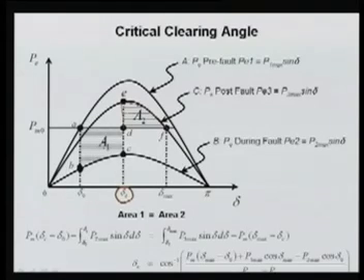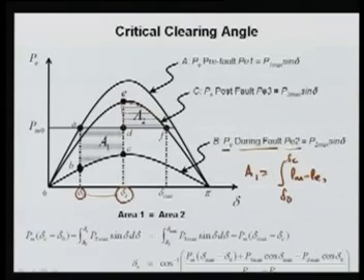So this area A1 will be equal to your area A2, and then we can determine your delta C again as in the previous example. This area is now PM minus PE, where PE during the fault is PE2. So I can say this area A1 will be the integration from delta naught to delta C of PM minus PE2 d delta.